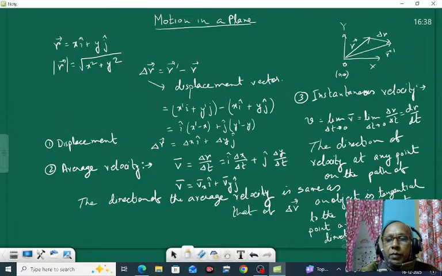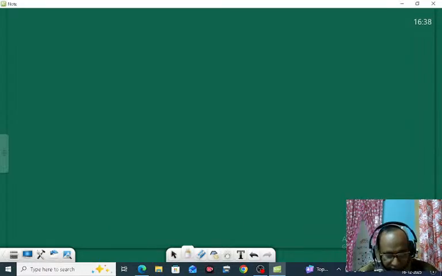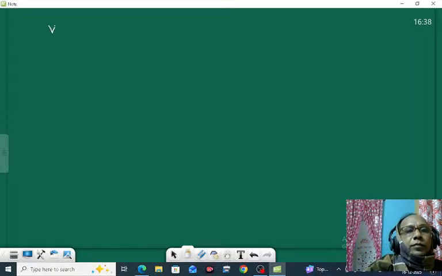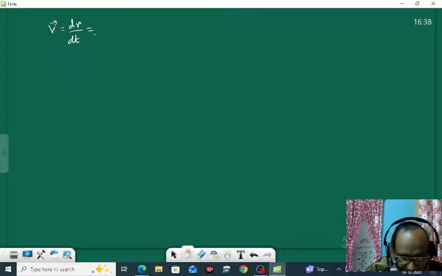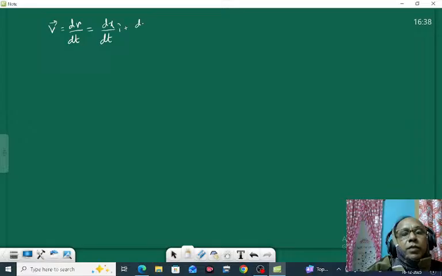And if this is represented in 2 dimensions, you can write it in this way, that v vector is represented dr by dt, and that can be represented as dx by dt into i vector plus dy by dt j vector plus dz by dt into k vector.